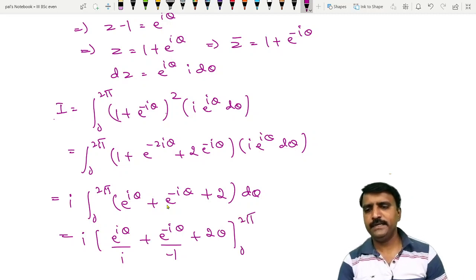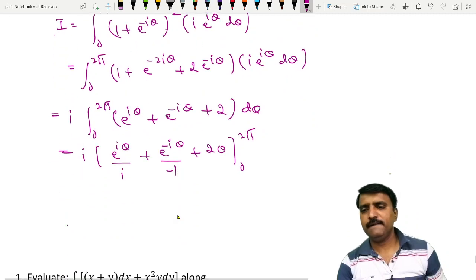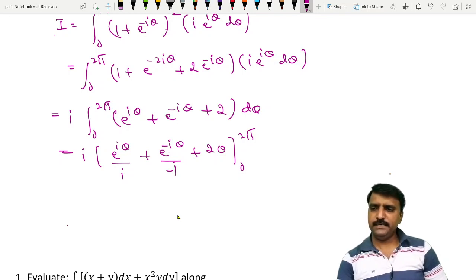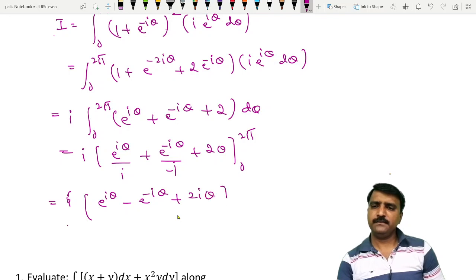e to the i theta by i, e to the minus i theta by minus i, and this is 2 theta. Applying the limit, it gives i into, or you can multiply this i, so it is like this: e to the i theta minus e to the minus i theta plus 2i theta.